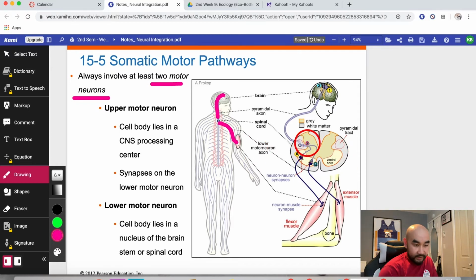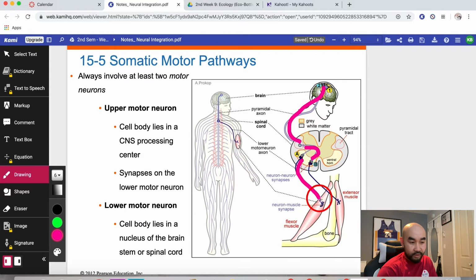And then a lot of the time you also have the interneuron. Remember, interneuron is like in between, but it's so small, so short that we don't notice. But usually at least two neurons. So you have a neuron coming from the brain to the spinal cord, and then from the spinal cord there's another neuron that goes. So usually at least two neurons that create a movement.